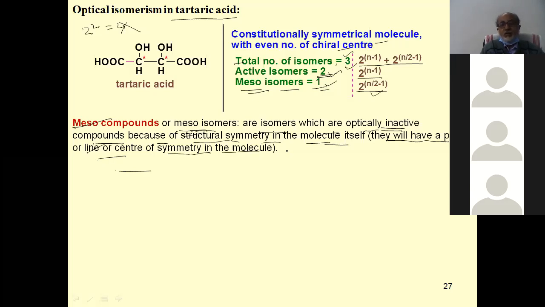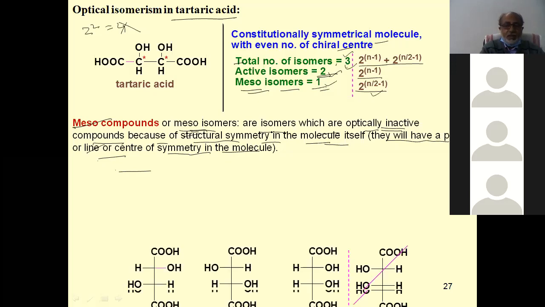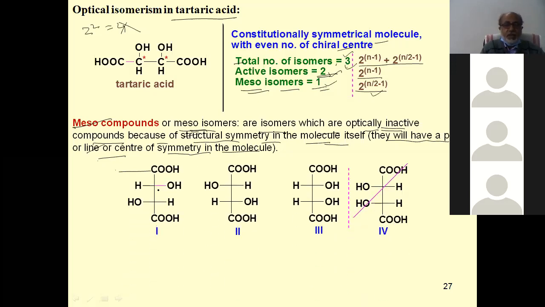So this is what we have to examine. Let us see what these isomers are. So this is tartaric acid. One isomer, if it is this structure, the other isomer is going to be a mirror image of this one. So 1 and 2 are mirror images. And 3 and 4 will be like this, but 3 and 4 are stereochemically the same. So this gets cancelled.